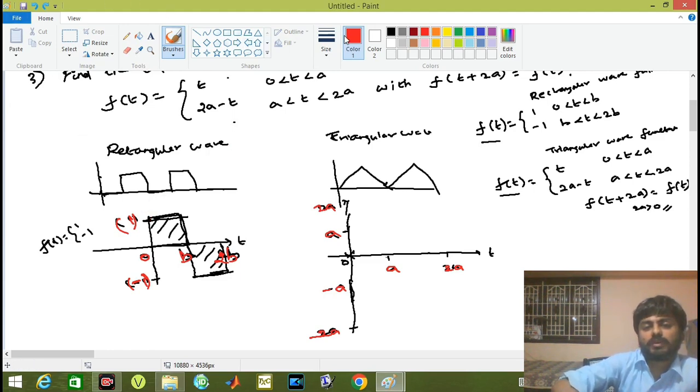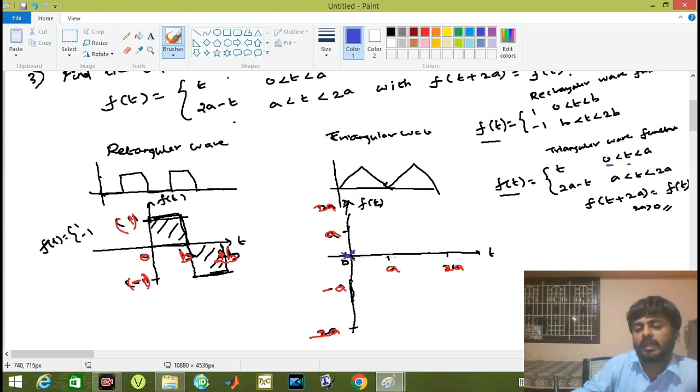This is f of t. The x-axis represents t, whereas the y-axis represents f of t. Now if I take t equal to 0, I will get f of t to be 0.